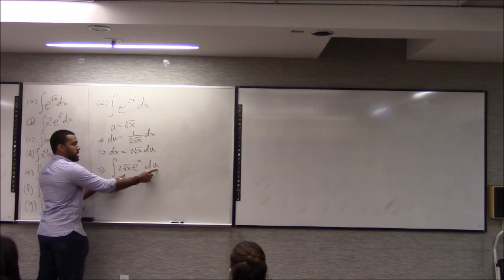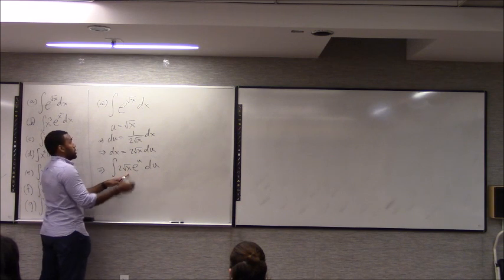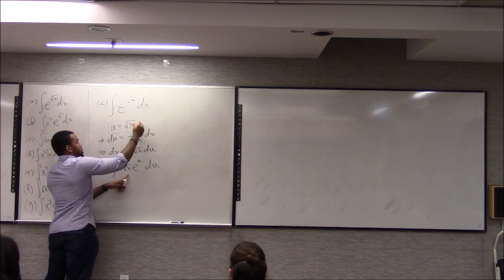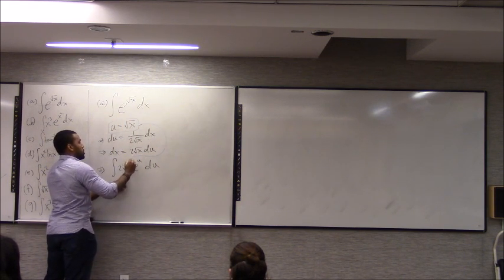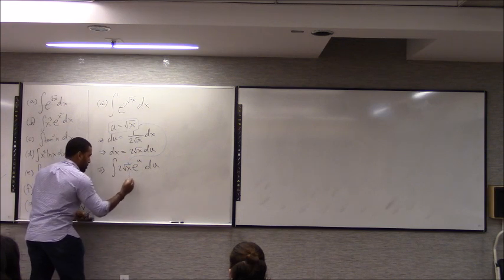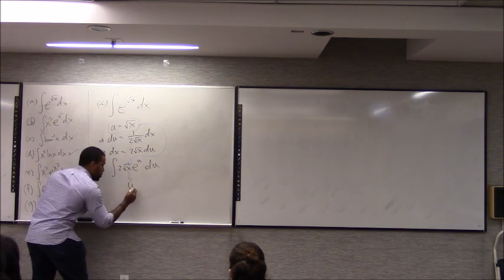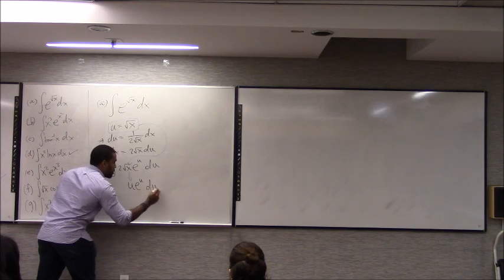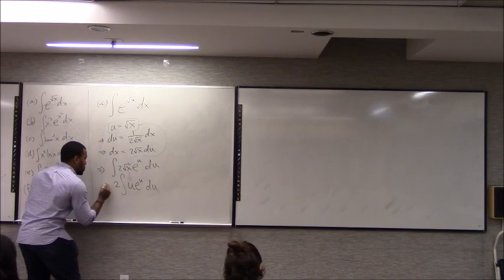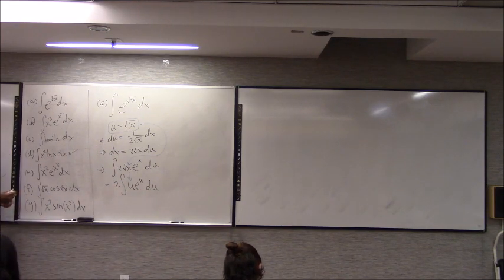Of course, we're doing du, so we can't have that x here. You already know that the radical x is u, so we substituted that for u while factoring out the 2.